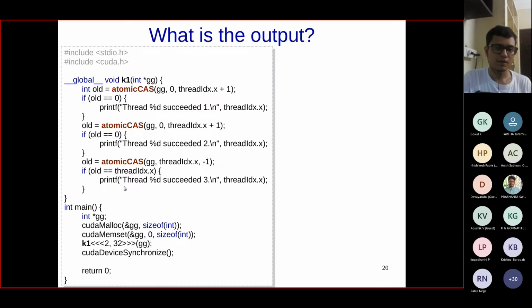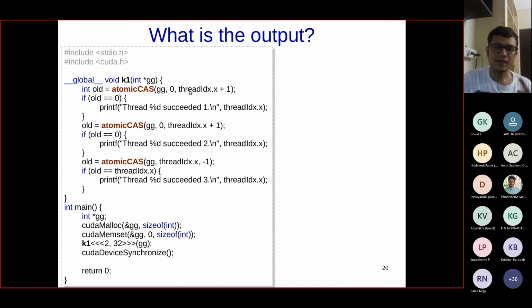Now, one more question: will this printf always be executed? That is also not guaranteed. Let us assume that the last thread of a warp, from either block 1 or block 2, succeeded.